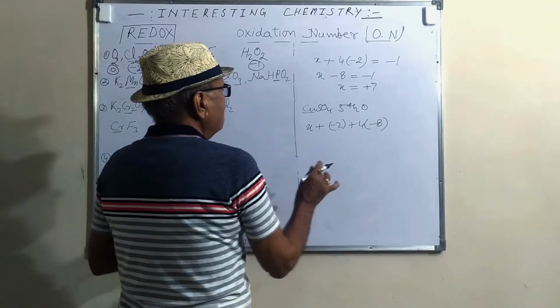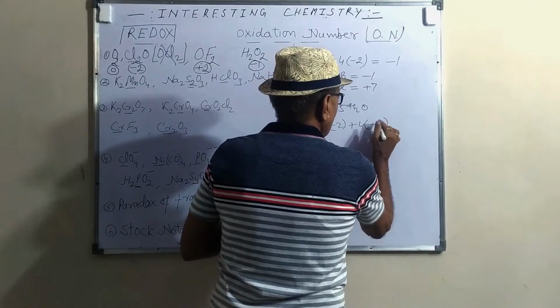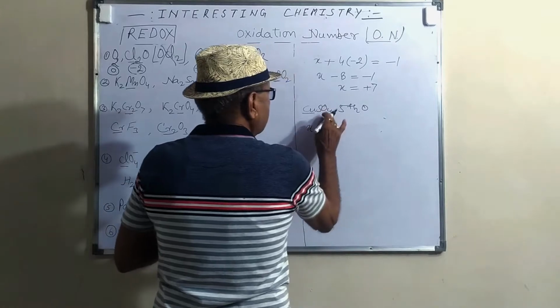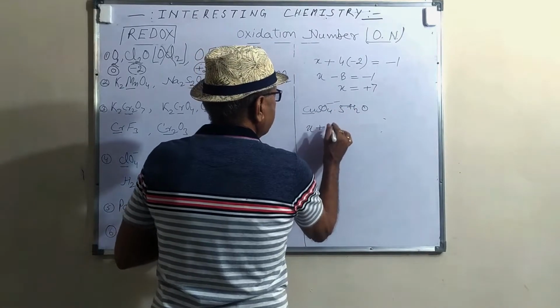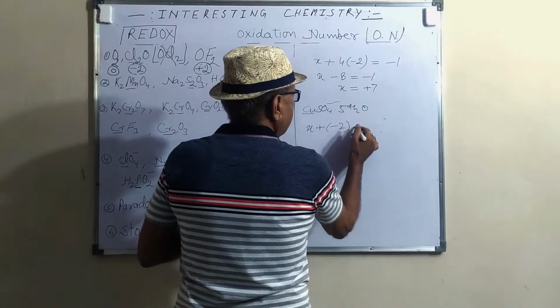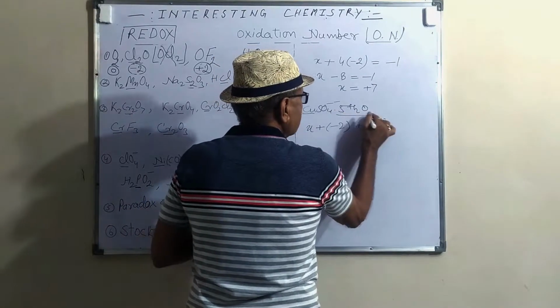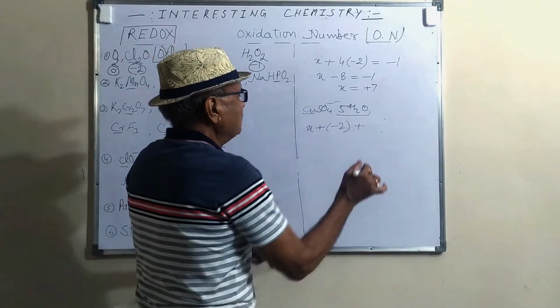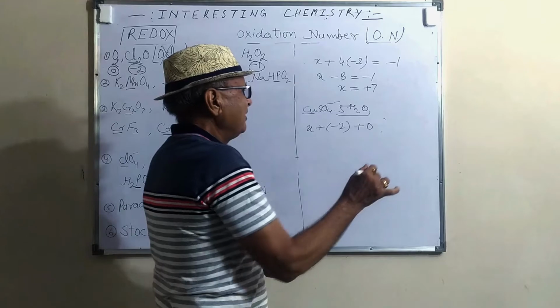You can calculate like this. This is sulfate, so you can write here -2, plus for 5H2O you can write 0.